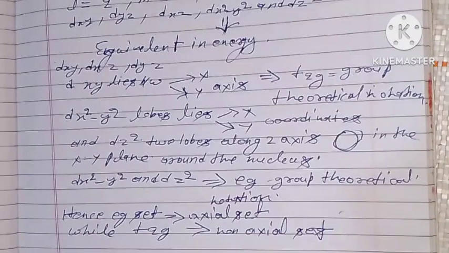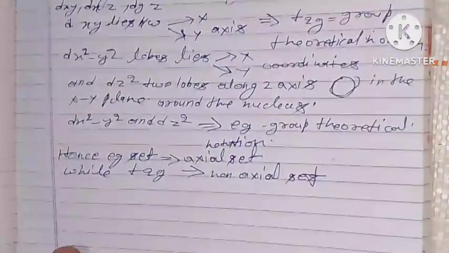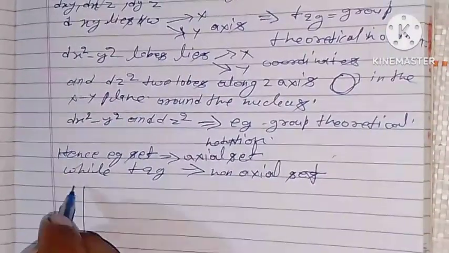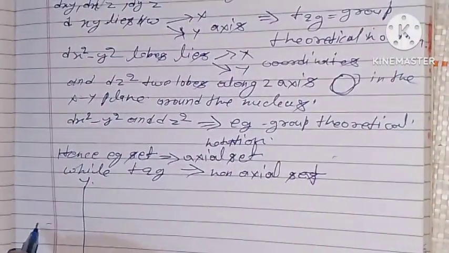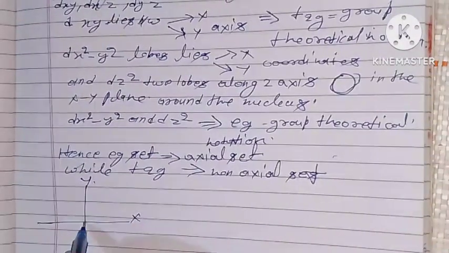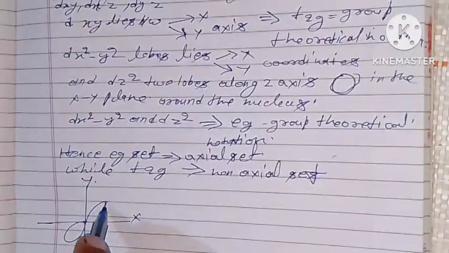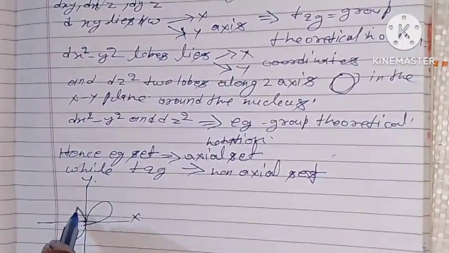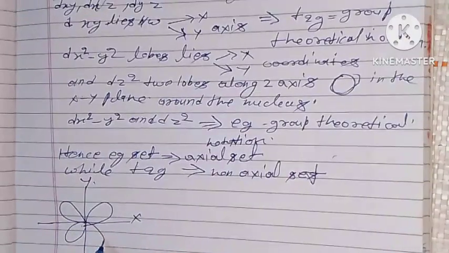The shapes of d orbitals are represented here. This is the y-axis and this is the x-axis. This is the d orbital.